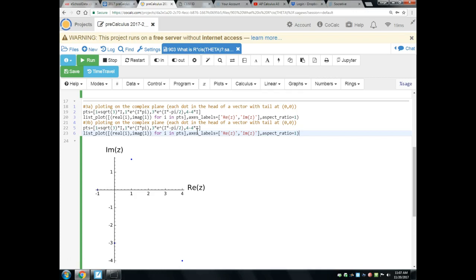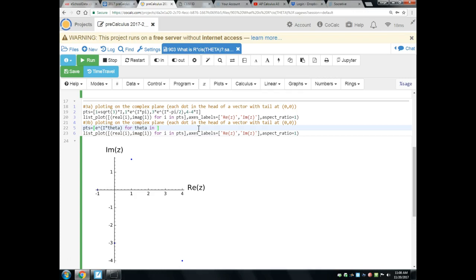So you should see a vector every 15 degrees, magnitude 1, because it's 1 times e to the i theta, right? So let's make a list of points. 1 times, I don't have to say it, e to the quantity i times theta. Let's call it that, for theta in, how am I going to write this?